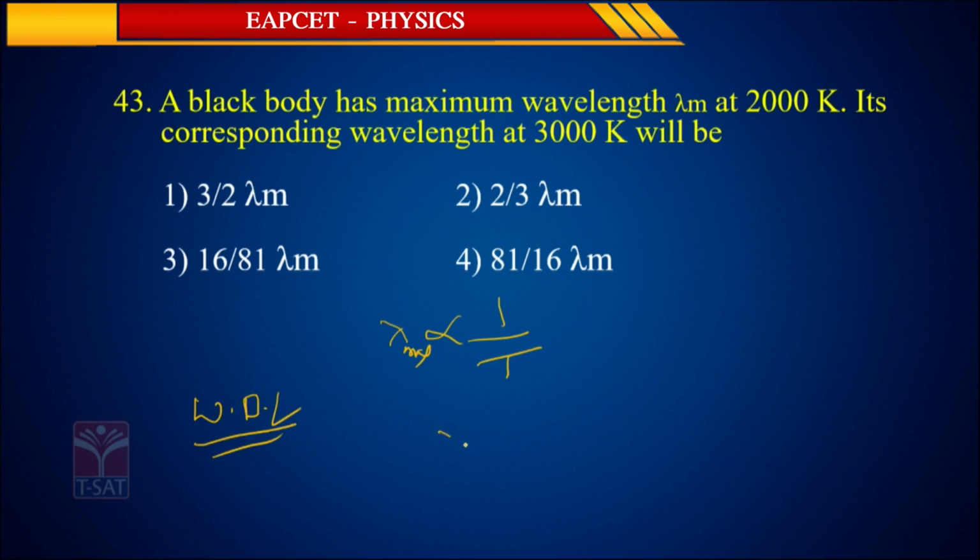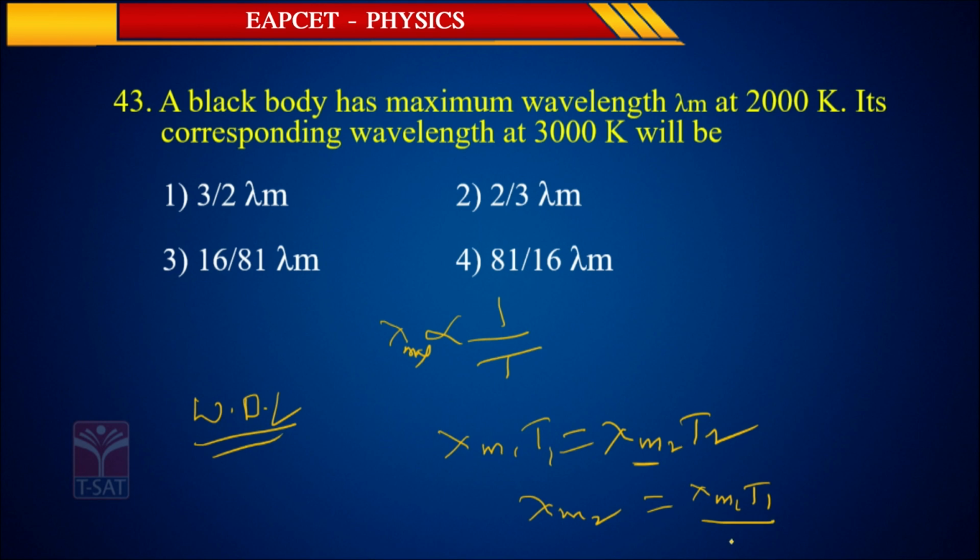According to this, lambda m1 T1 is equal to lambda m2 T2. Using this formula, we want to find the lambda m2 value, which is lambda m1 T1 by T2. You substitute the values.